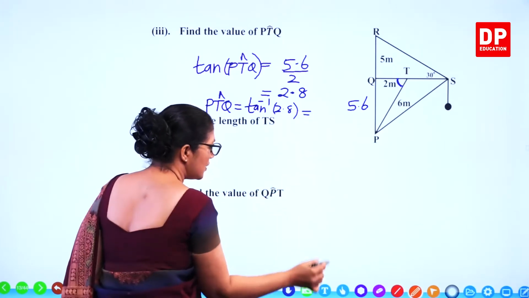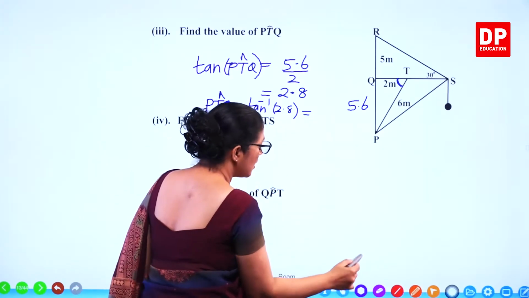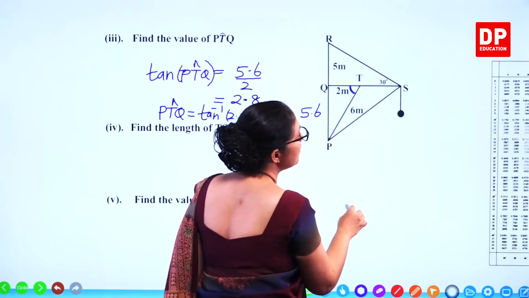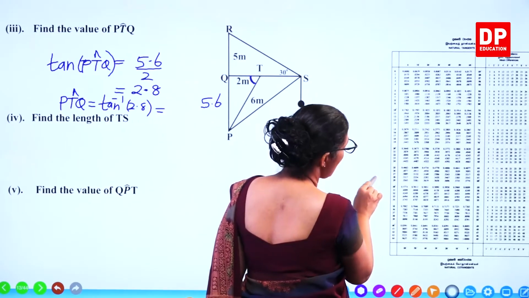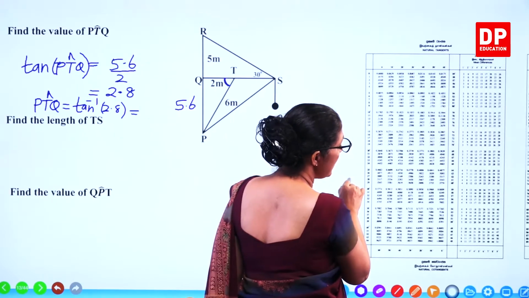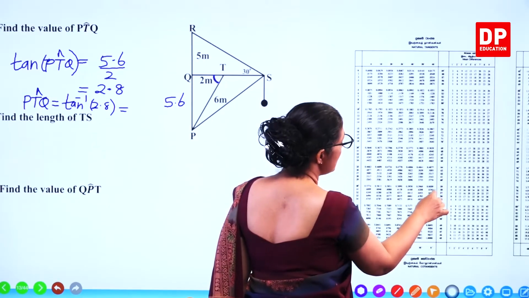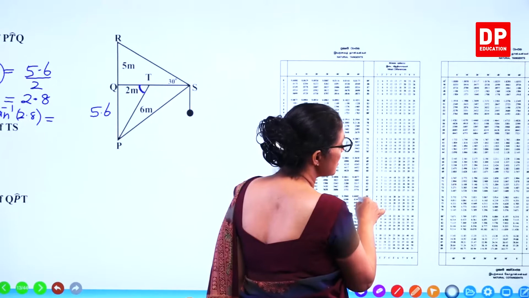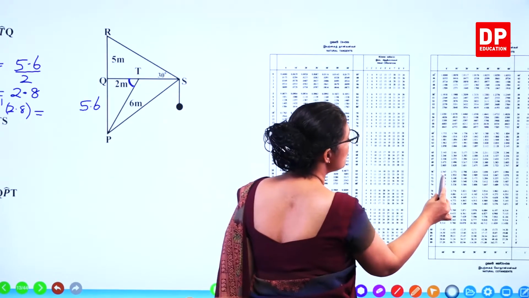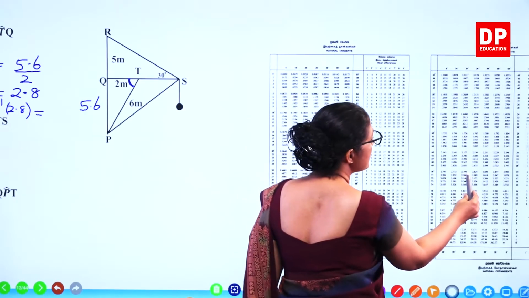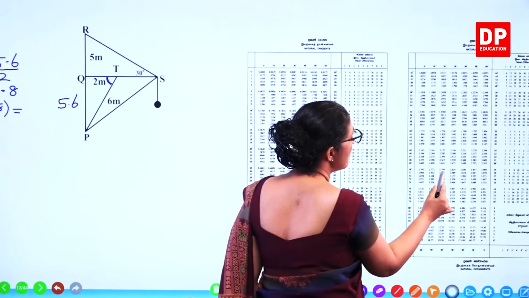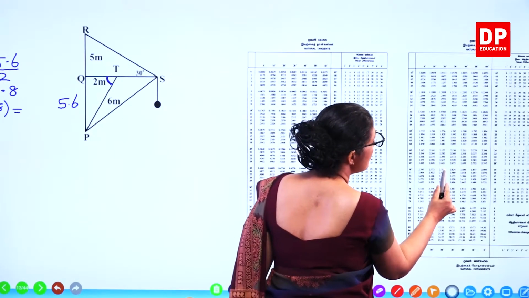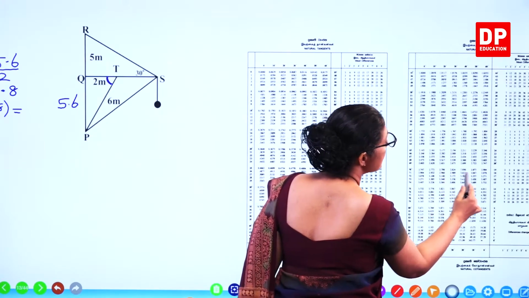Inverse value. So where you get 2.8. You have to refer the table. Where you get 2.8. So these are just 1 point. 2.8. So look at here. This one. So you need another 2 to get 2.8.